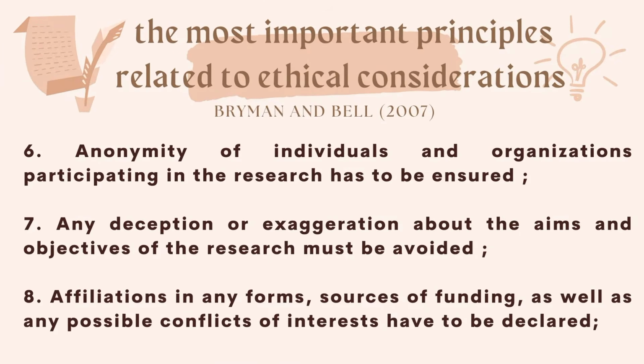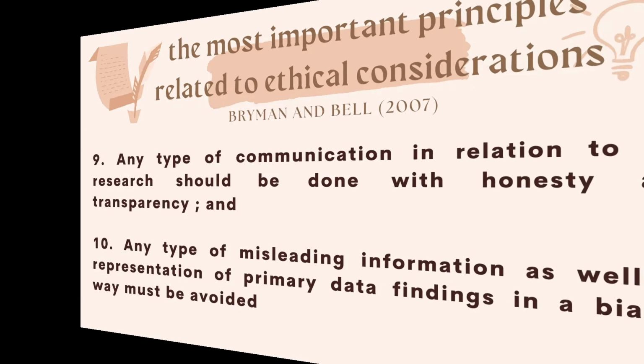So, in connection with this, number 6, the anonymity of individuals and organizations participating in the research has to be ensured. Number 7, any deception or exaggeration about the aims and objectives of the research must be avoided. Number 8, affiliations in any forms, sources of funding, as well as any possible conflicts of interest have to be declared.